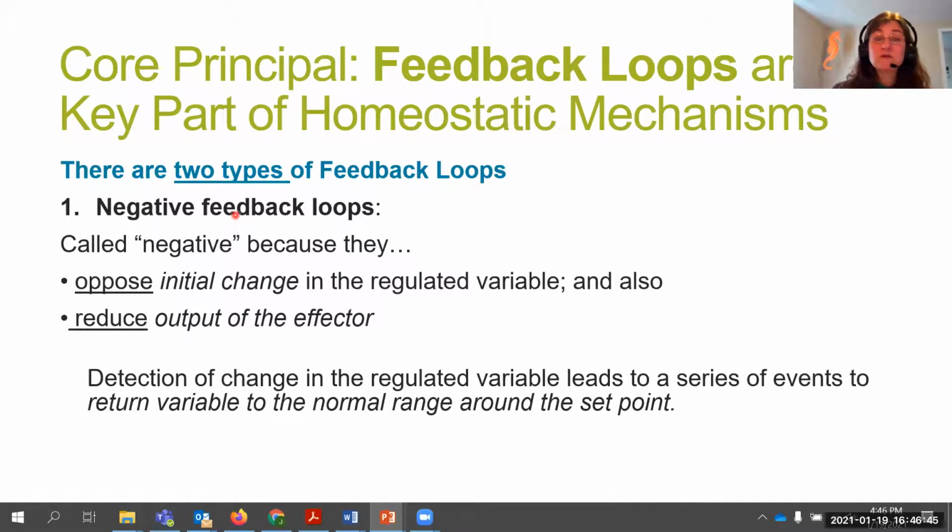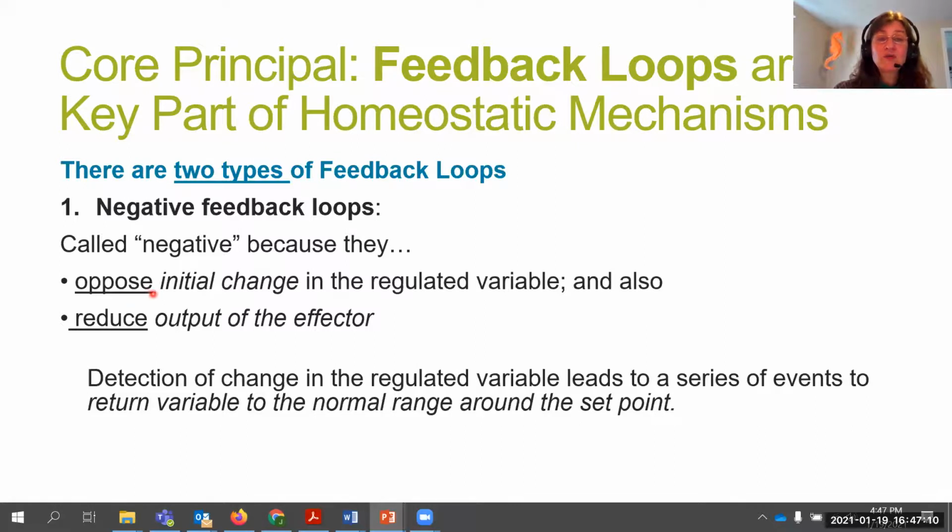What we looked at so far, the most common type of loop is a negative feedback loop. There were negative feedback loops in the examples we just looked at, because we say negative because in that loop, in that circle, the response from your homeostatic mechanism was opposite.